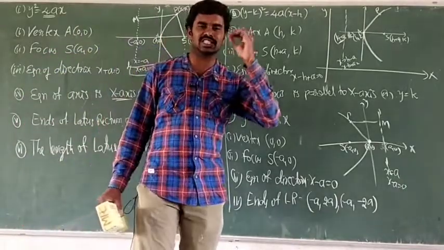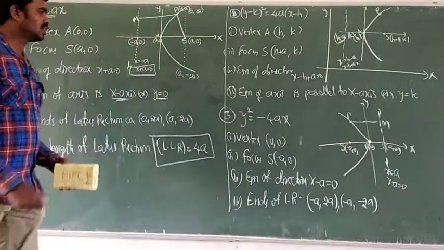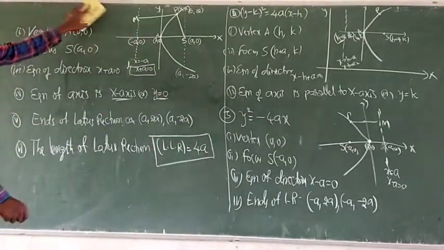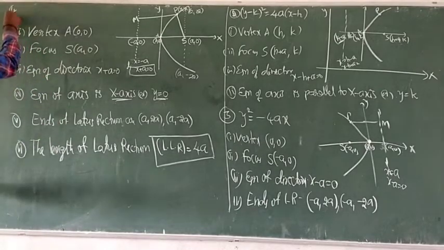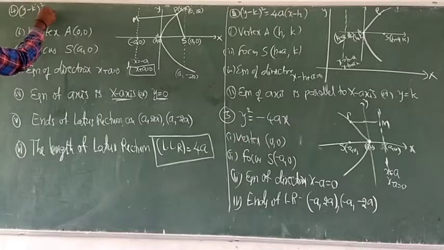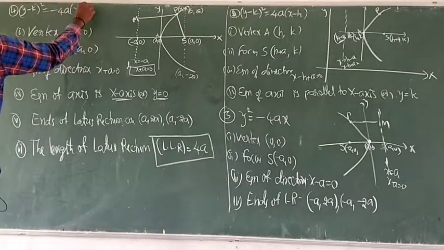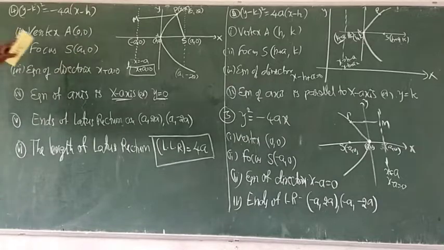But don't think about it, just leave it in your mind and follow. Fourth one: y minus k whole square equals minus 4a times x minus h.